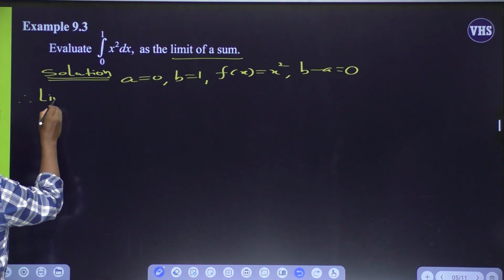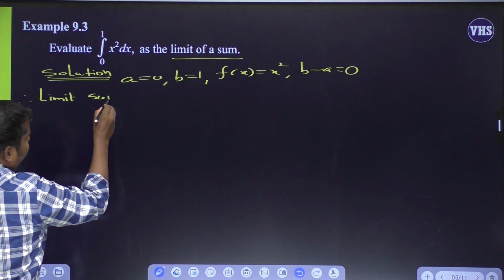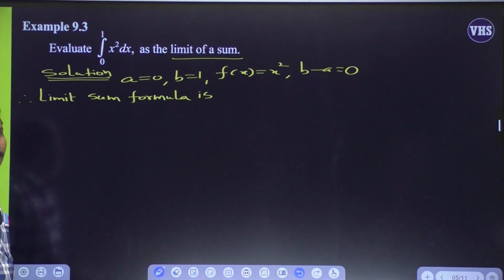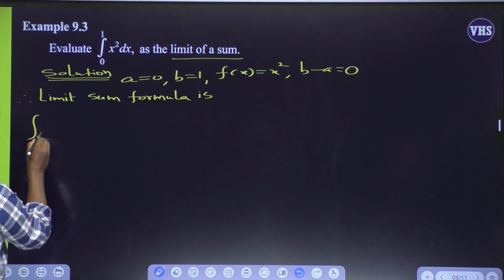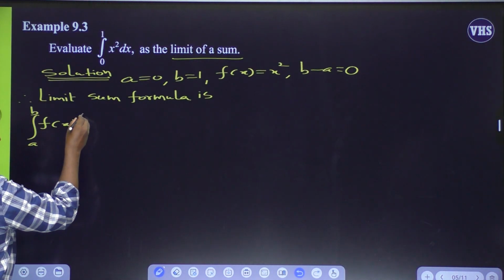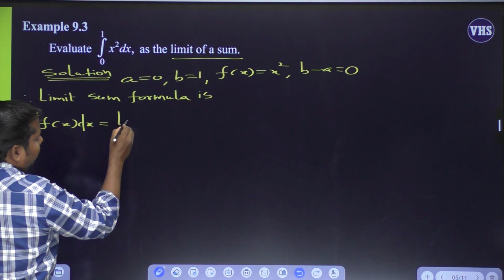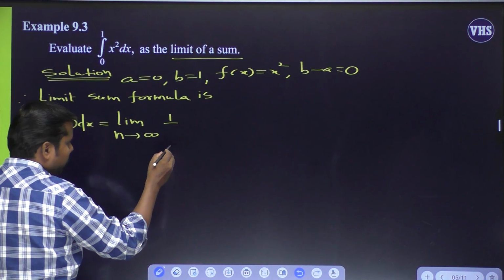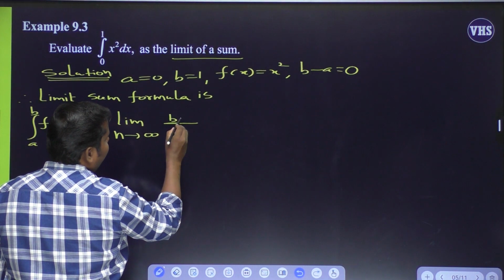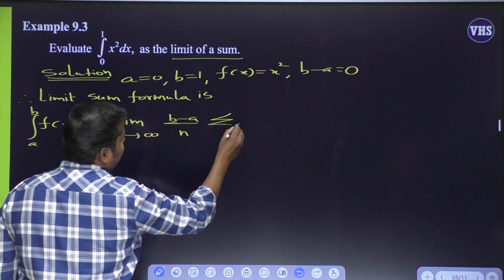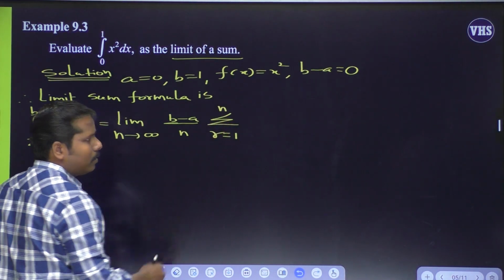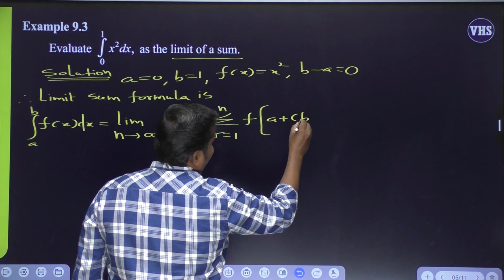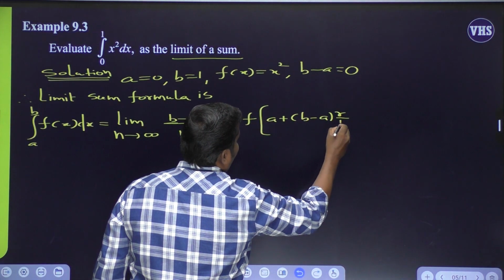Therefore, the limit sum formula is nothing but the integral from a to b of f of x dx equals limit n tending to infinity of (b minus a) by n, summation over r equal to 1 to n, f of (a plus (b minus a) into r by n).